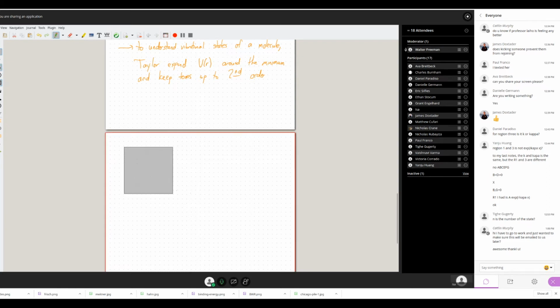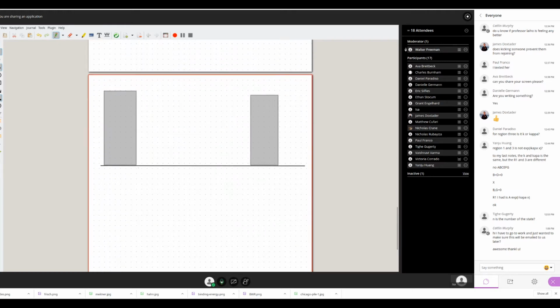If you have your infinite well, like so, the allowed vibrational modes, the stationary states, are, whoop, not that. That's not quite right. They're this one for n equals 1, right? They're that one for n equals 2.